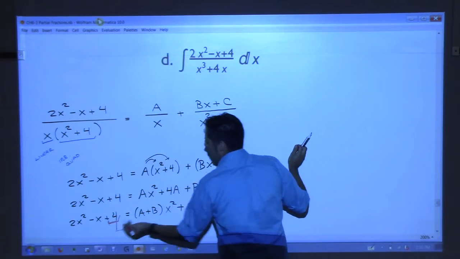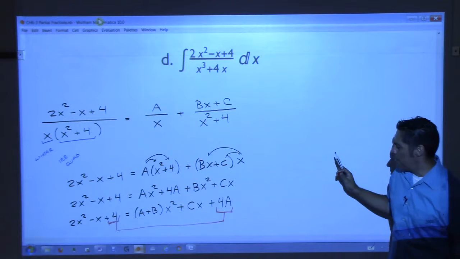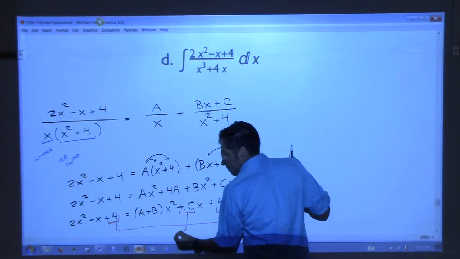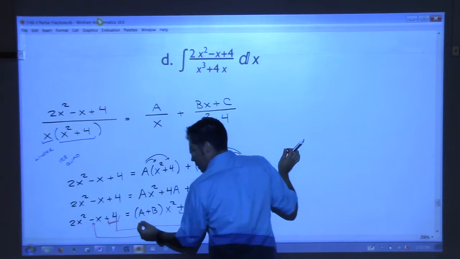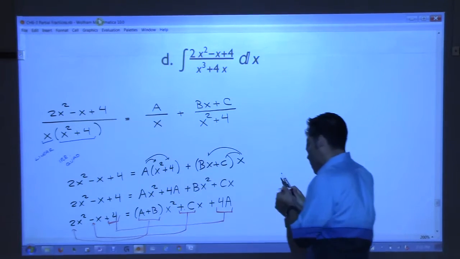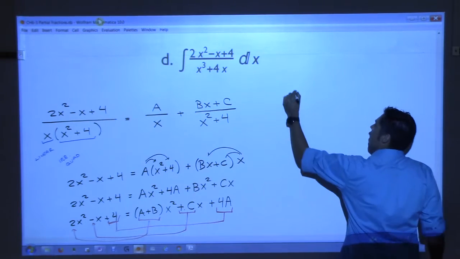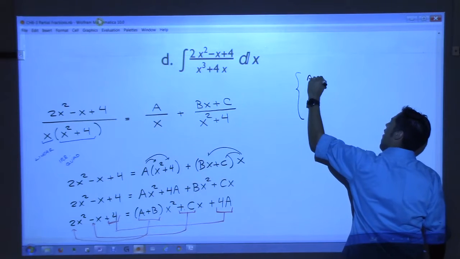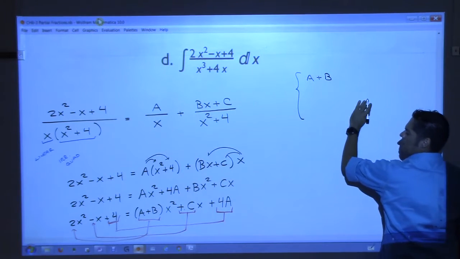So A is 1, but again, you got the calculator, you paid, you know, $50 for it or whatever. You may as well get some usage out of it. And it's good practice. And it's fun, let's admit it. All right, so our matrix, or our system of equations, is A plus B equals what? 2.